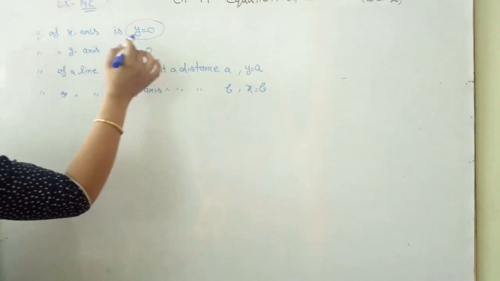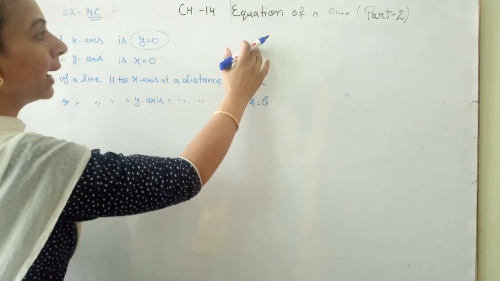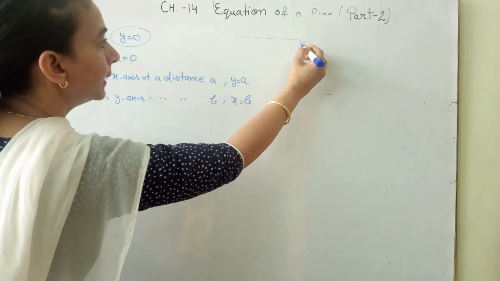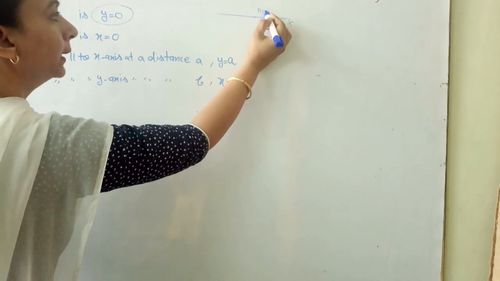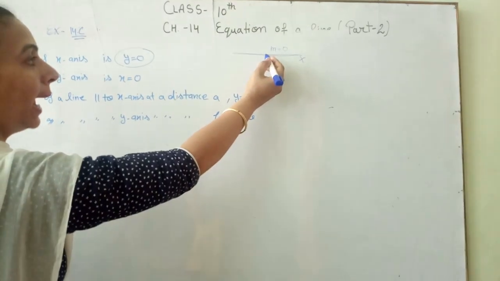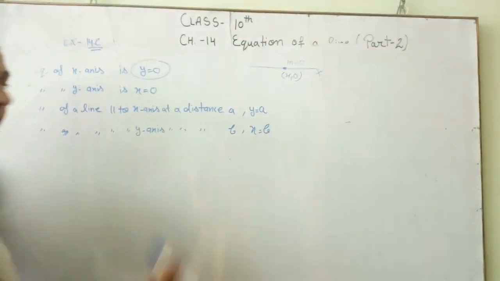Student, equation of x-axis is y equal to 0. Any line on the x-axis has slope theta equal to 0, and any point on the x-axis is of this type, (x0, 0).